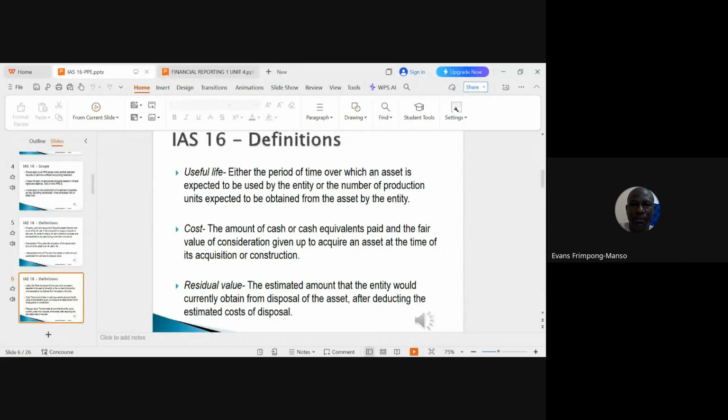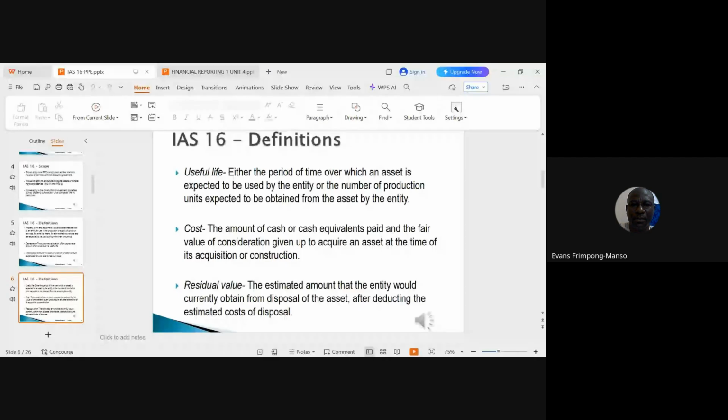So the cost of transportation in bringing the plants from Tema to Kumasi and how the plant will be installed in my premises, all the costs incurred will be part of the actual cost of the plant I bought from Tema. So cost is not only the cash you paid, but any other incidental expenses associated with the asset that you have bought constitute the cost of the asset.